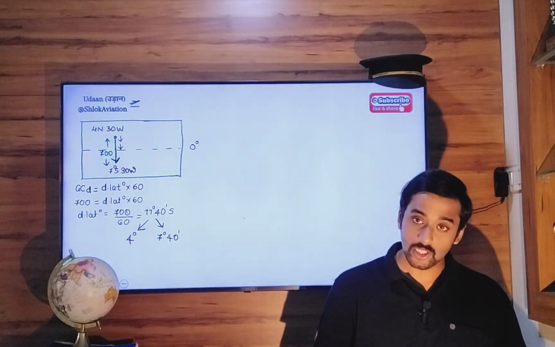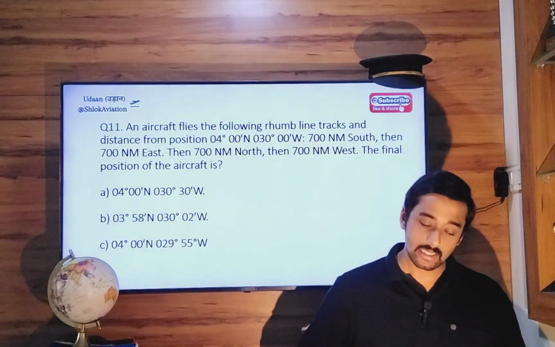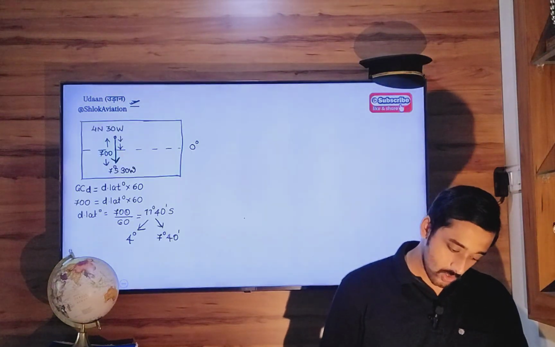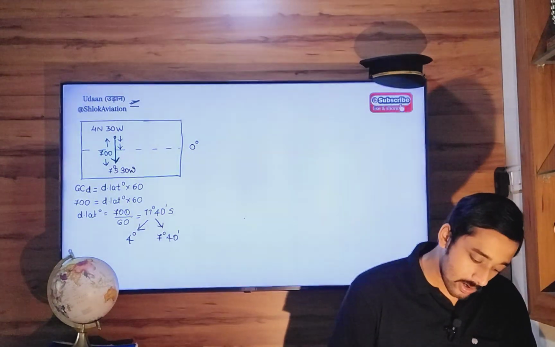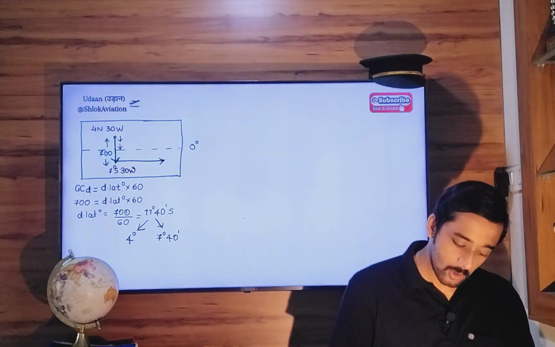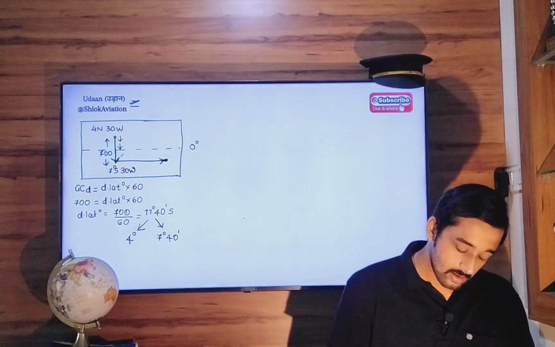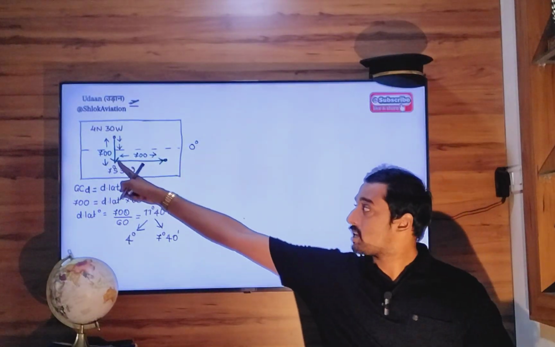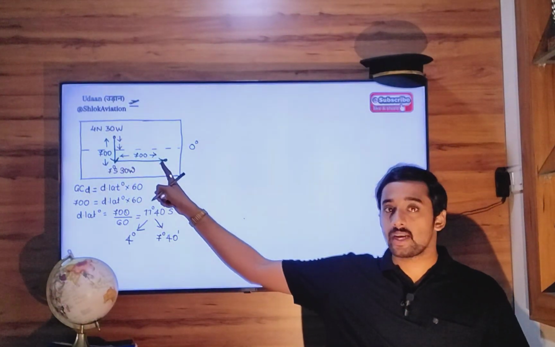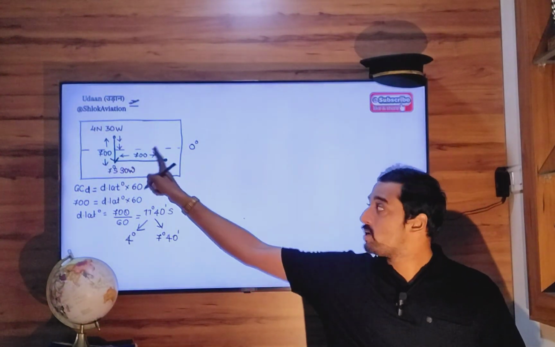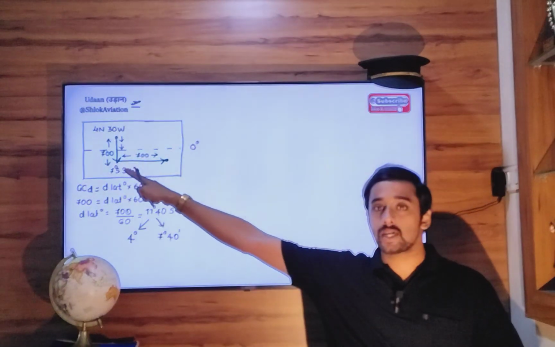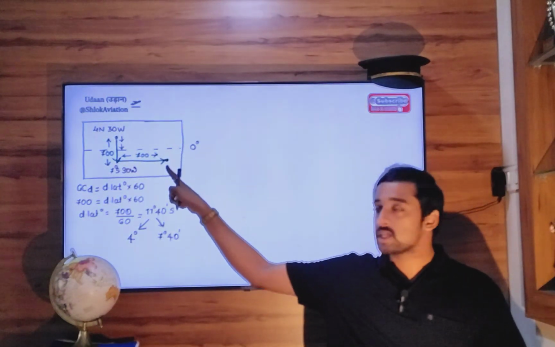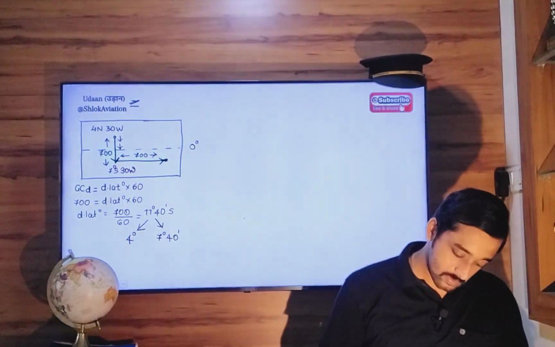Next, from this position we fly 700 nautical miles east. So we are flying 700 nautical miles east to a new position here. Correct? So when you fly along a fixed latitude, it is the same, 7° south. And between two different longitudes, this longitude is 30 west. This new longitude we will find that out.